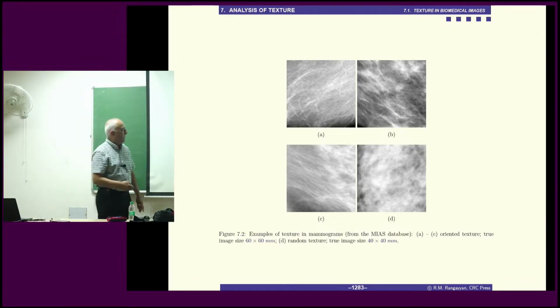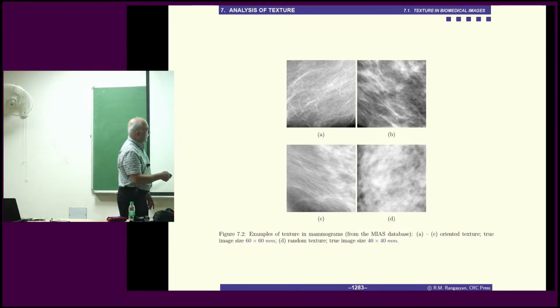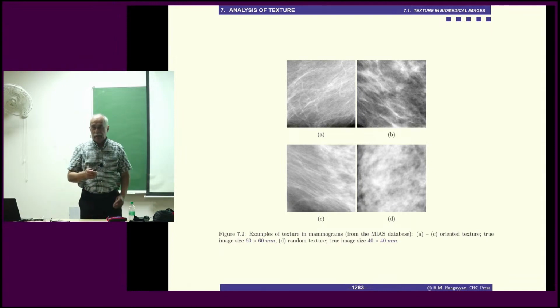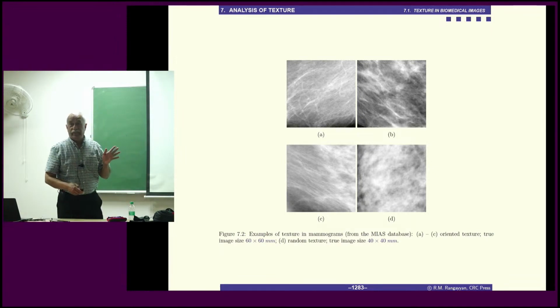You don't see the ligament structure, the fibroglandular structure here. But this is also a part of a mammogram. So within the mammogram, you could have random texture, and oriented texture here. That orientation is not clearly seen there. Here it is sort of mixed up. There are oriented parts here and there. So that is what is oriented texture.